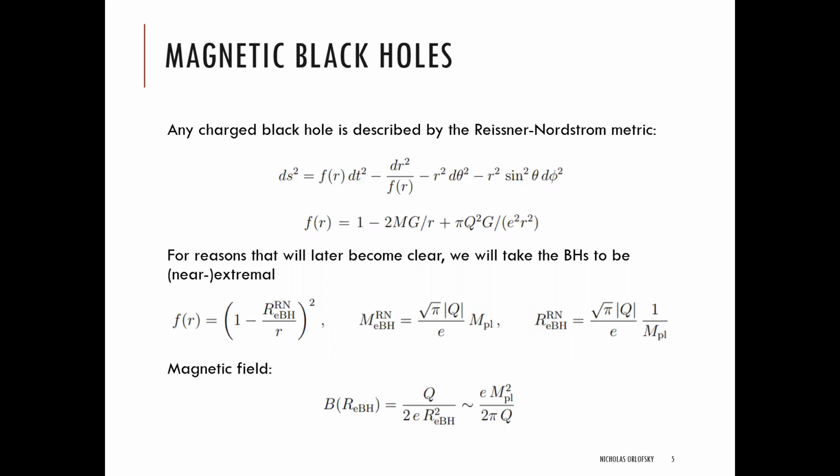It still seems a little bit counterintuitive that the charge going to 0 makes the field get larger. I guess this is the field at the horizon, and the horizon is getting smaller. That's exactly it. The event horizon itself is shrinking, and it's shrinking proportional to Q, so that overall this ratio of Q over R squared is getting larger. Okay.